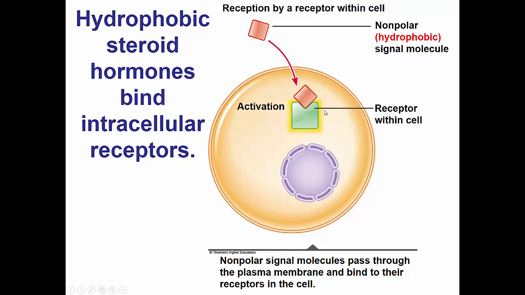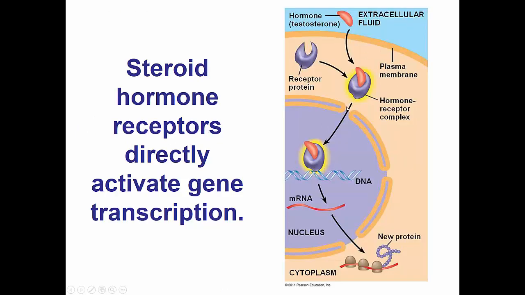So the intracellular receptor is located in the cytoplasm, and when it binds its ligand, then it becomes activated. And these steroid hormone receptors can then enter the nucleus where they activate gene transcription.